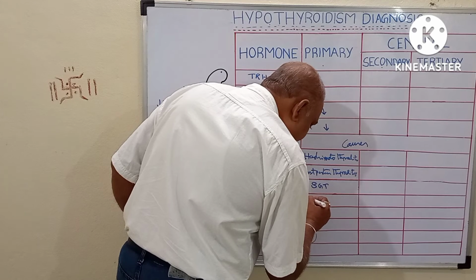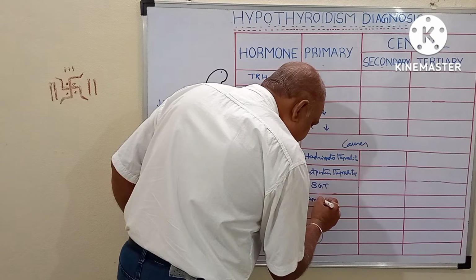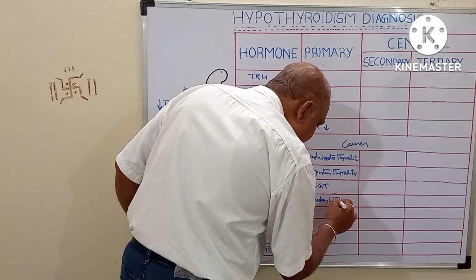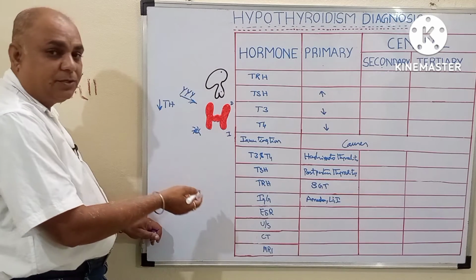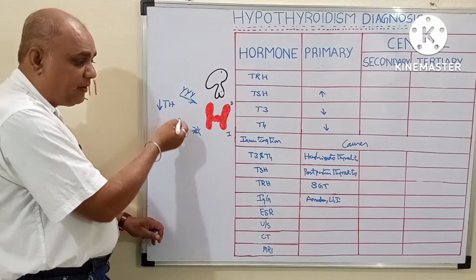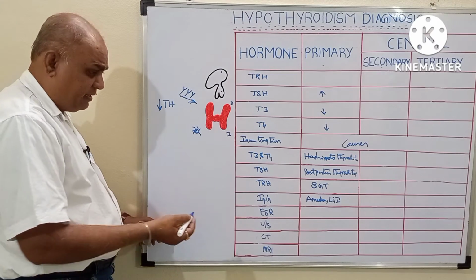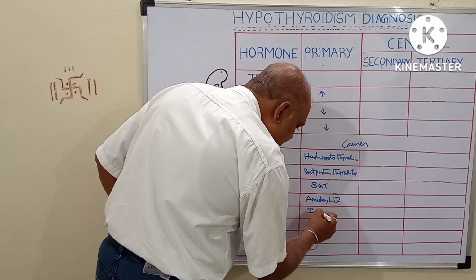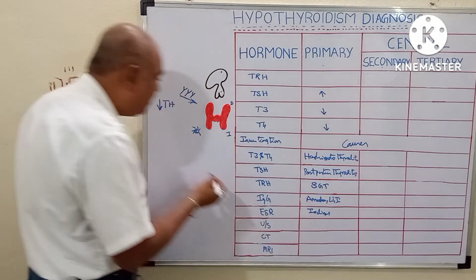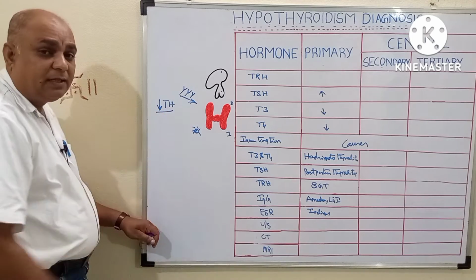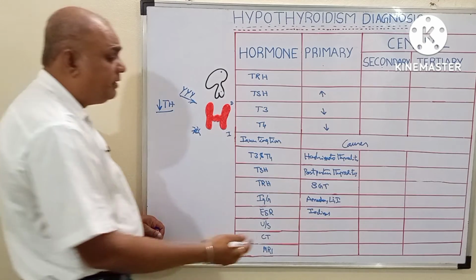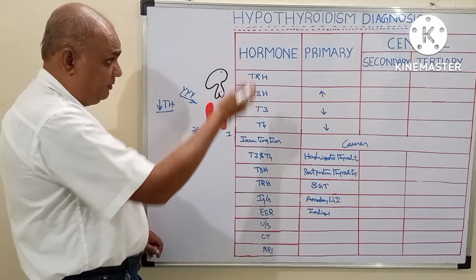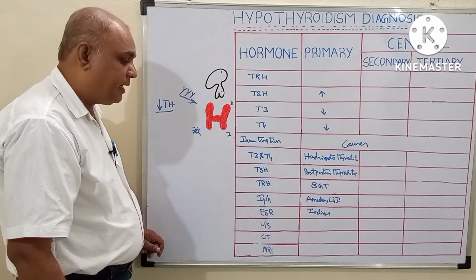Drugs like amiodarone, lithium and iodine may also reduce thyroid hormone secretion. Apart from this, the iodine levels in our body may also reduce it. These are a few of the causes which may lead to primary hypothyroidism.